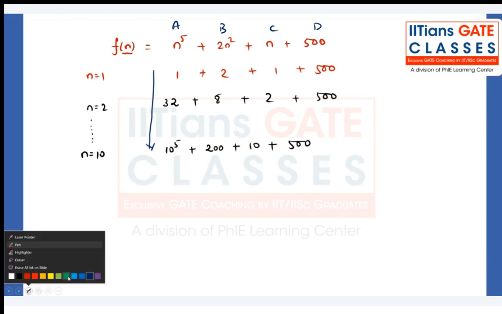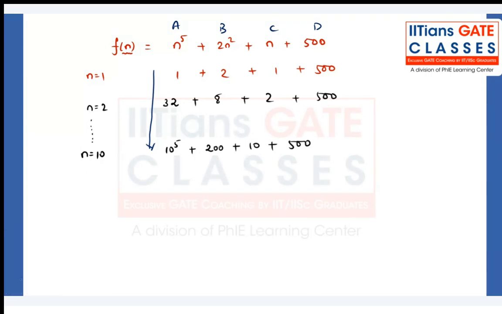So if I want to calculate the rate of growth of this function, what can I say? Rate of growth of f of n is nothing but n to the power 5. Why? Because this is the dominant term.